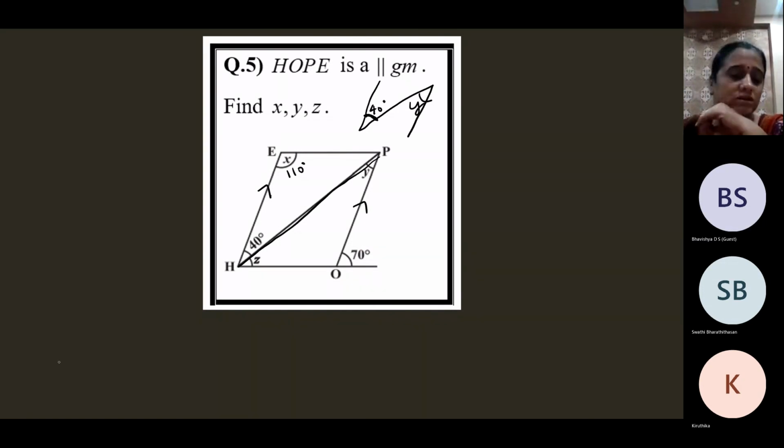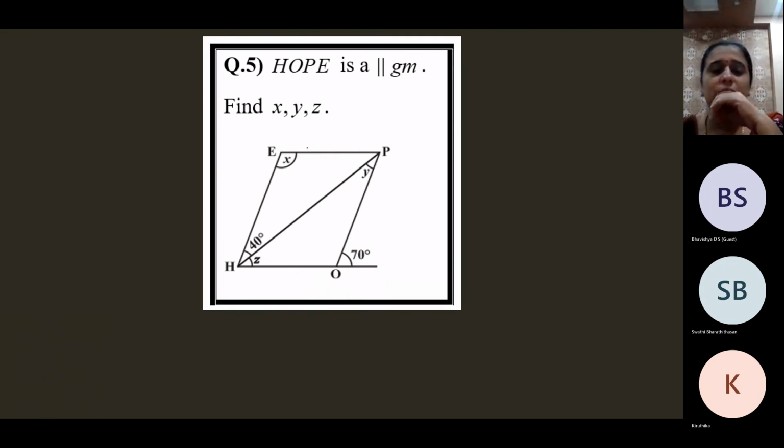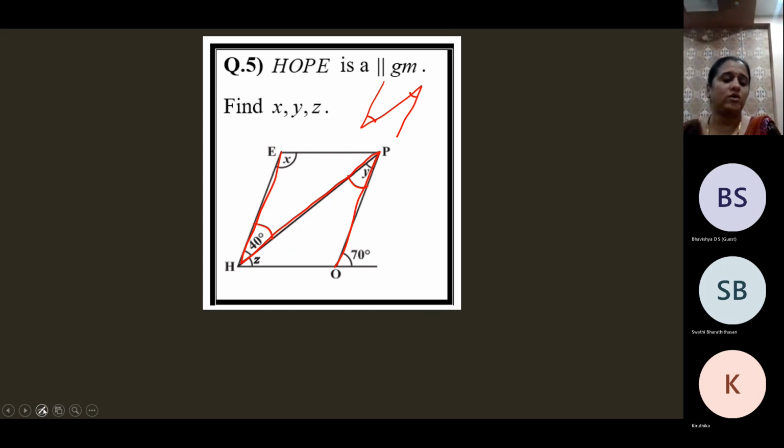So see here, parallel line, transversal, parallel line. I told you that Z kind of thing, or N or whatever. Here and here are alternate interior angles, and they're equal. So you can see 40 here and Y here. Y is equal to 40. Alternate angles are equal.